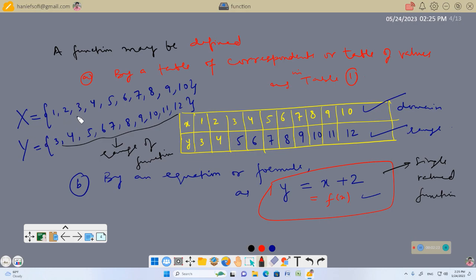If your set x contains numbers 1 to 10, then the values of the function for these numbers are listed in this table: 3, 4, 5, 6, 7, 8, 9, 10, 11, and 12. So we can express these correspondences in the form of a table or by means of an equation.